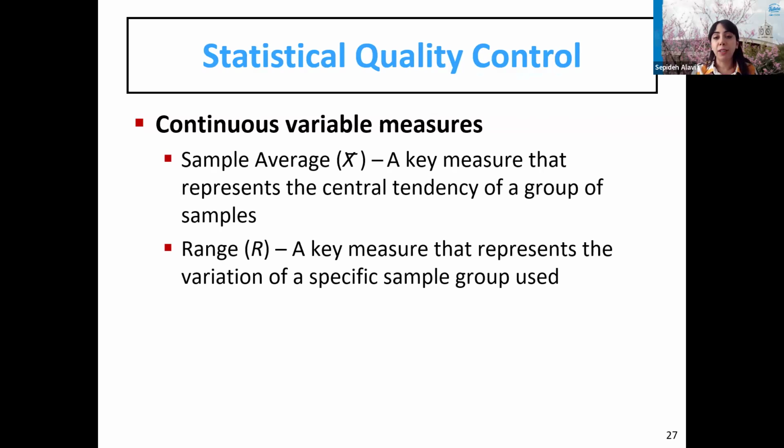Well, in the manufacturing setting, it's not that they make 1,000 items every day and they inspect all those 1,000 items, because that's going to be time consuming and costly. So instead, they take a smaller sample and measure to evaluate the quality of that sample.